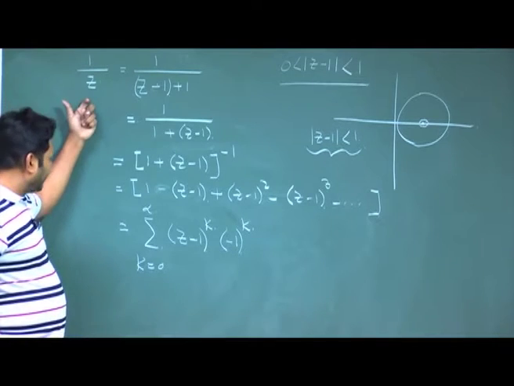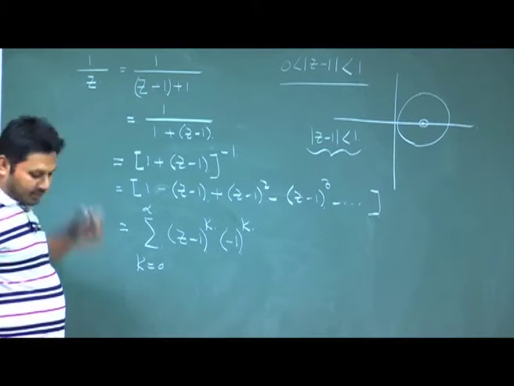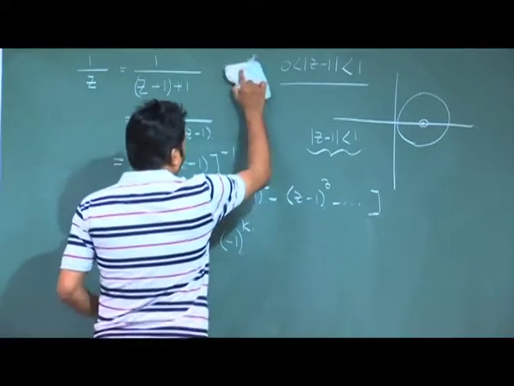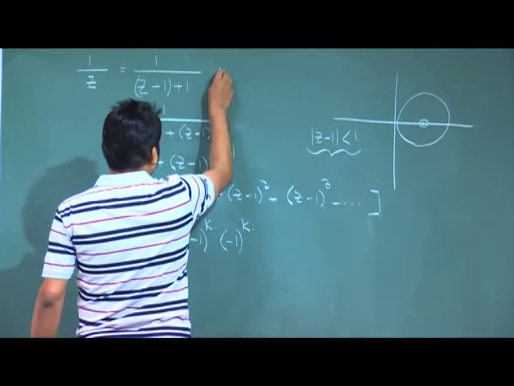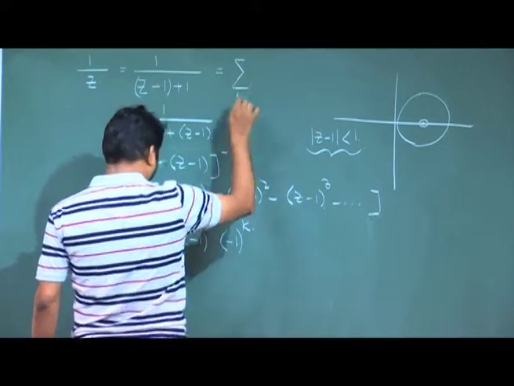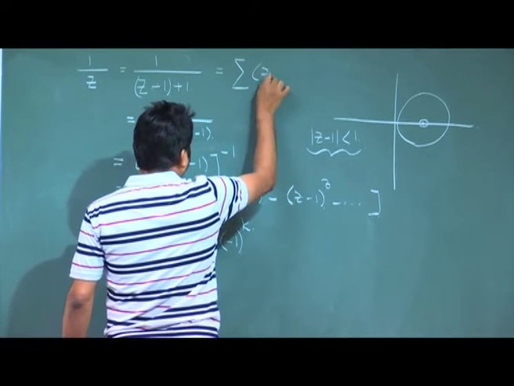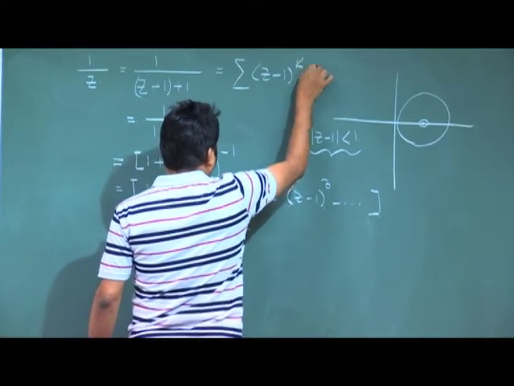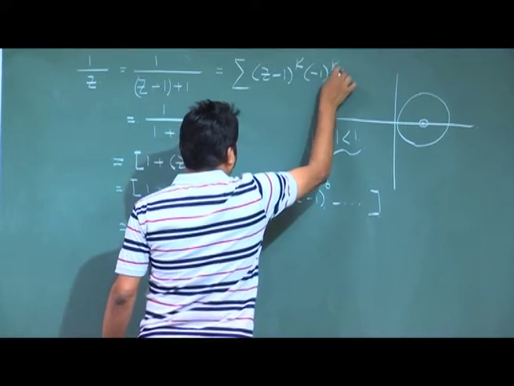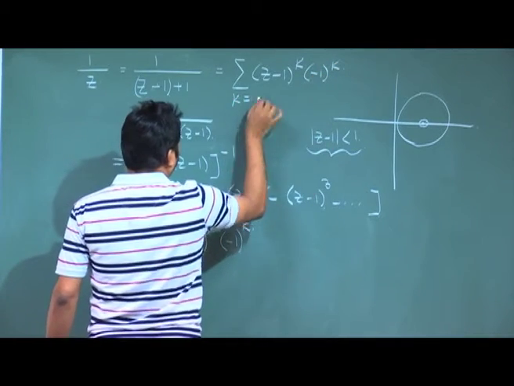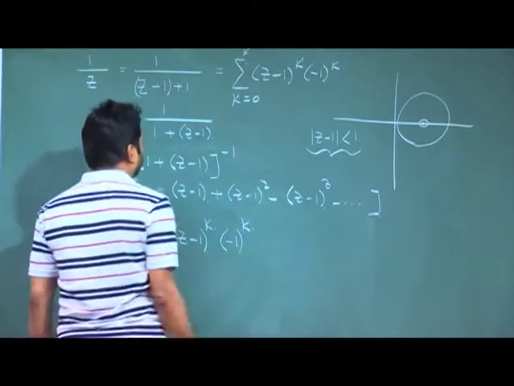So now once I have 1 by z, let me write it here, what value I am getting in the summation form: z minus 1 whole to the power of k, times minus 1 whole to the power of k, k goes from 0 to infinity.